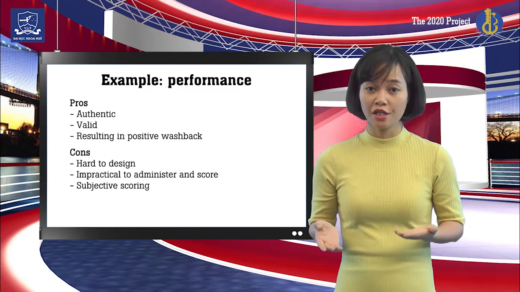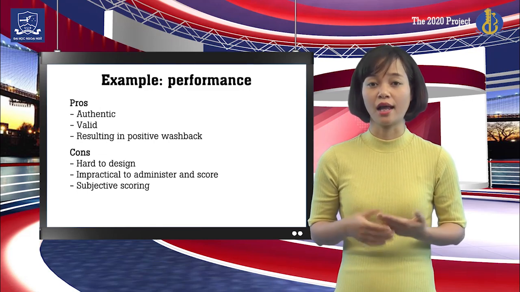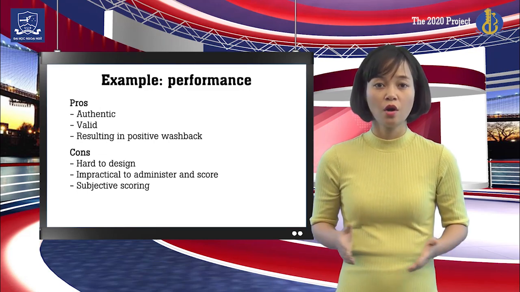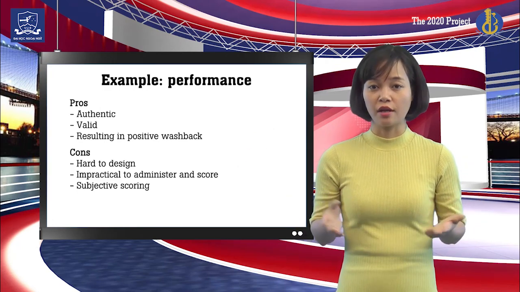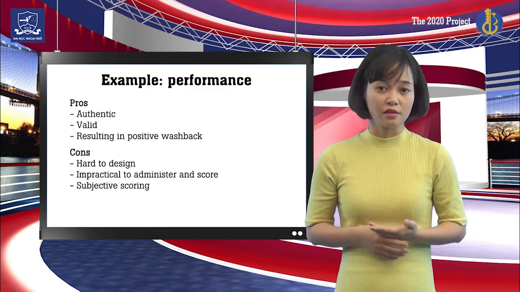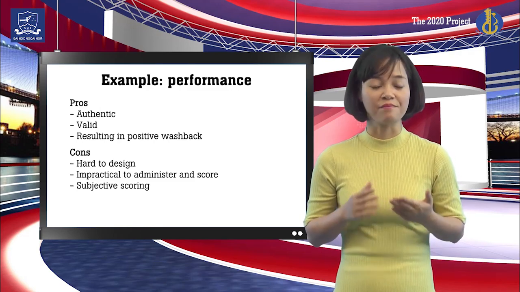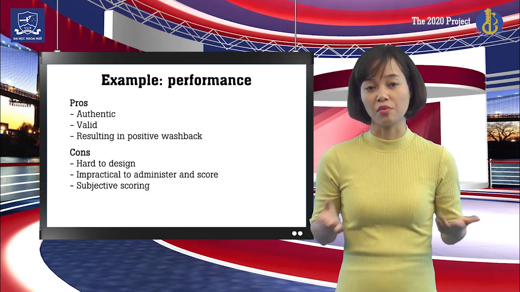Construct underrepresentation, that is, the problem of generalizing from a few observations to the whole spectrum of real-life performances. And construct irrelevant variance, that is, performance characteristics that have nothing to do with the test taker's real abilities.